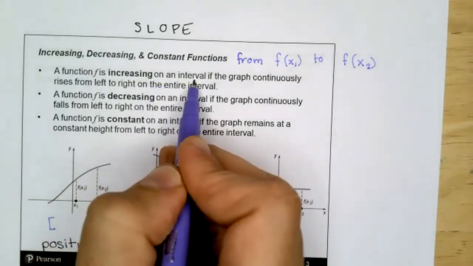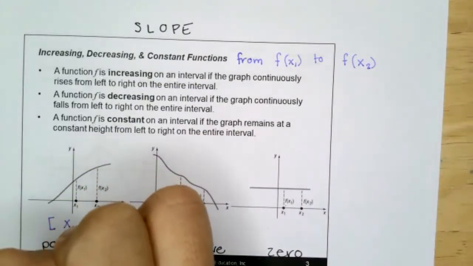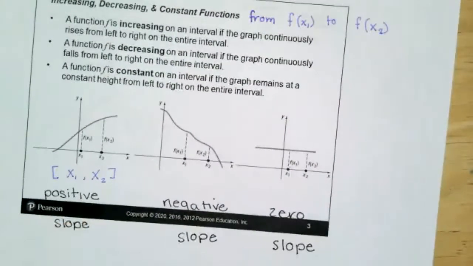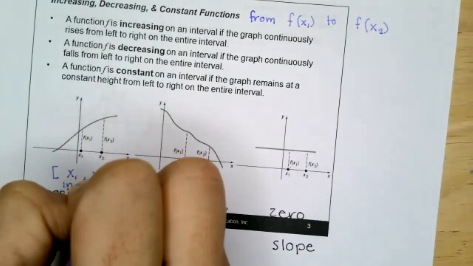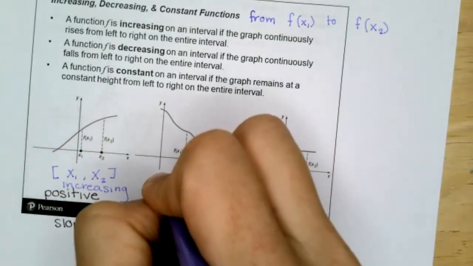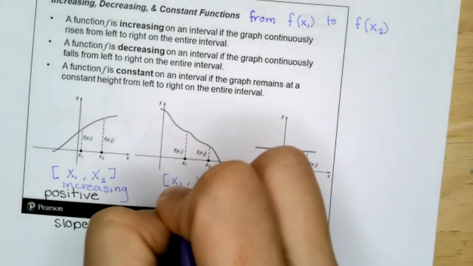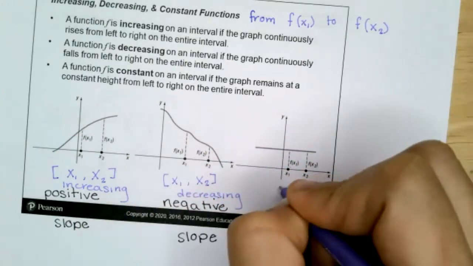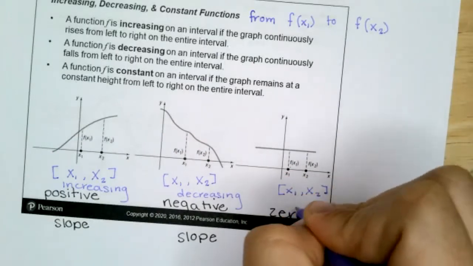It's increasing on an interval, so think interval notation. Between x1 and x2, we are increasing. Between x1 and x2, we are decreasing. And here between x sub 1 and x sub 2, we are constant.